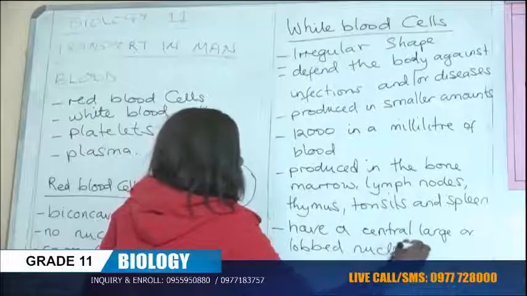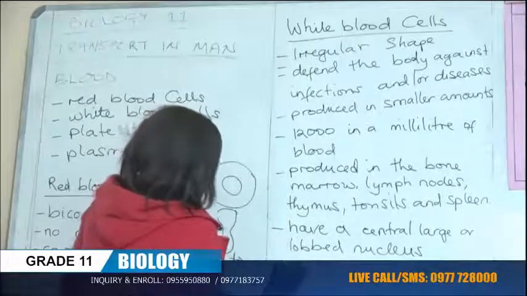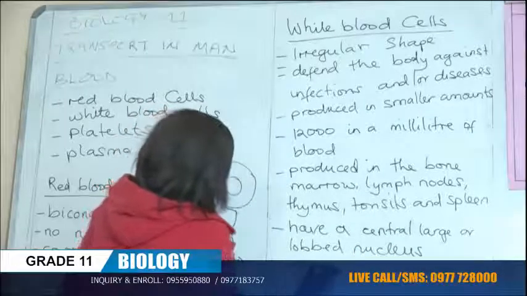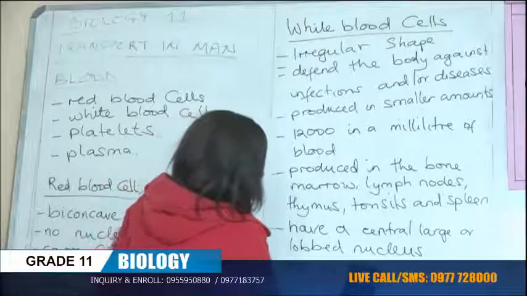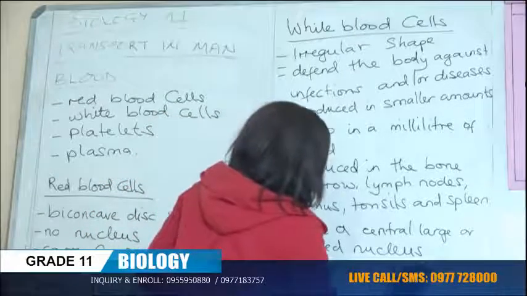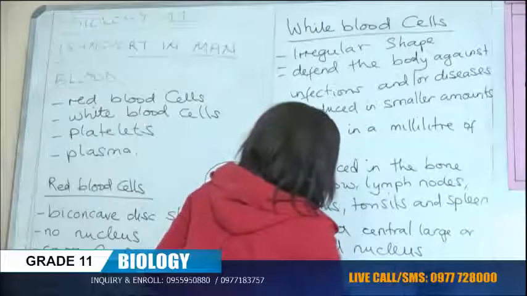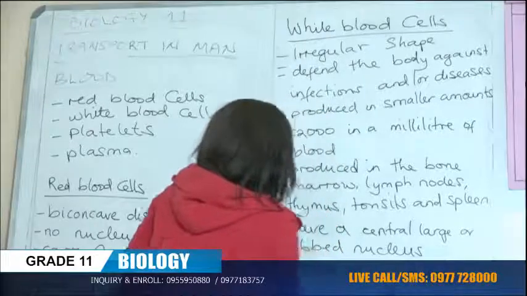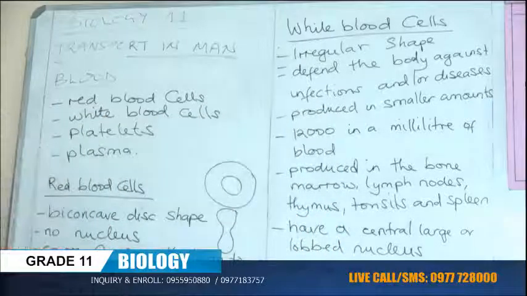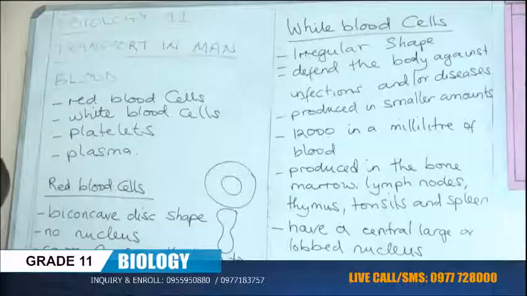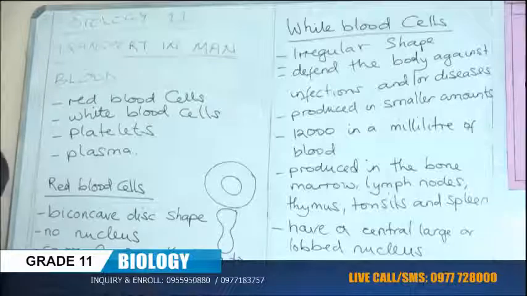And speaking of types, white blood cells are of many types, whereas there is only one type of red blood cells. So the whole body consists of only one type of red blood cells.